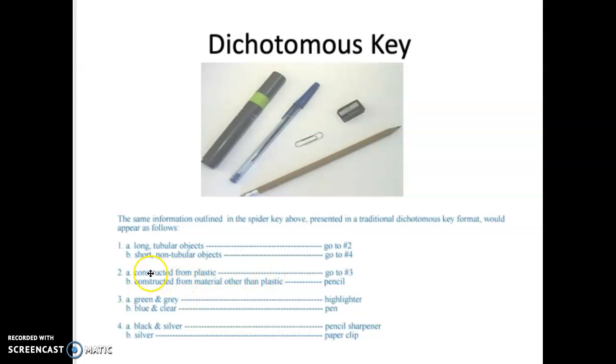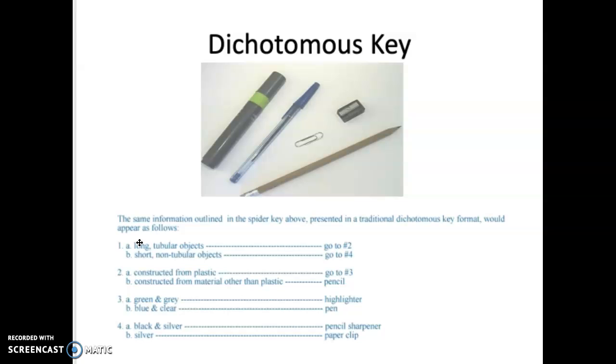Well, the pen is definitely constructed from plastic, so I'm going to say yes to letter A again, and now I'm going to go to number 3, where I'm being asked gray and green or blue and clear. Well, it's a no for gray and green, but for blue and clear, I'm being given that this is a pen. Now, this is a very obvious version of a dichotomous key.